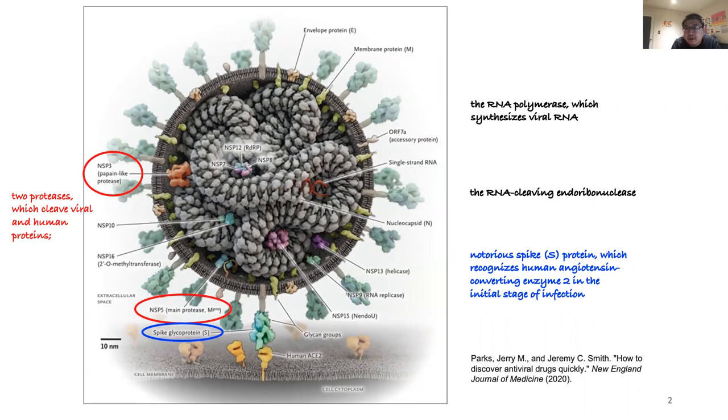Among these are the notorious spike protein, which recognizes the human angiotensin converting enzyme 2 in the initial stage of the infection, and 2 proteases, which cleave viral and human proteins, and the RNA polymerase, which synthesizes viral RNA, and the RNA cleaving endoribonuclease.